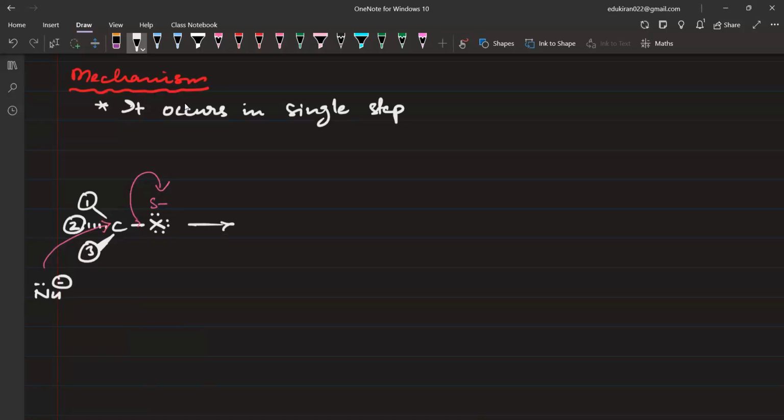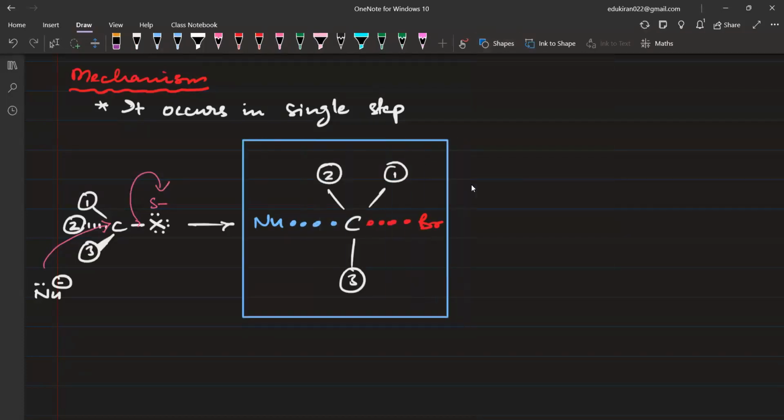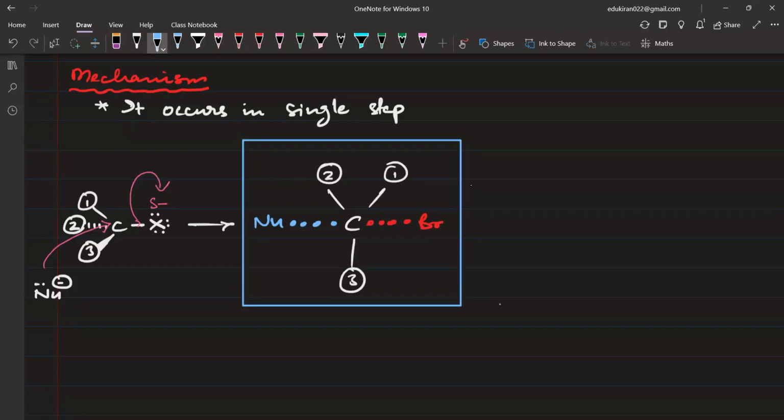And we will get carbon with 1, 2, 3. Here I can show red with Br since it is breaking, and the nucleophile in blue since this bond is forming. This whole thing is known as the transition state. Just make the square brackets. Transition states are always given in square brackets.